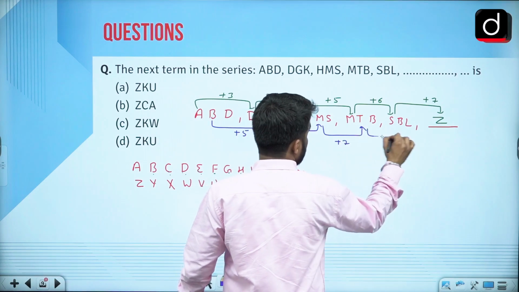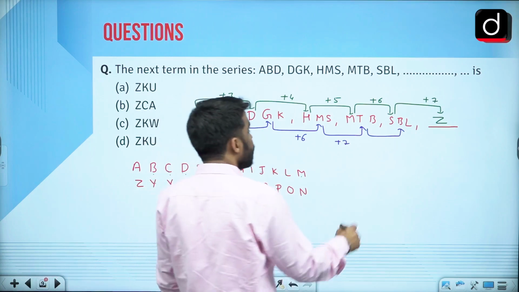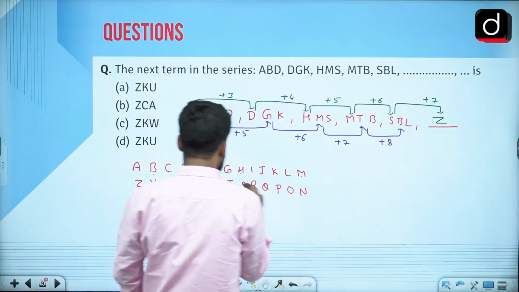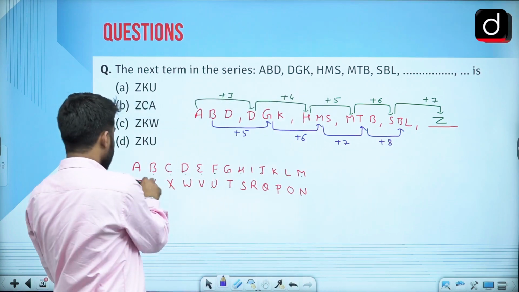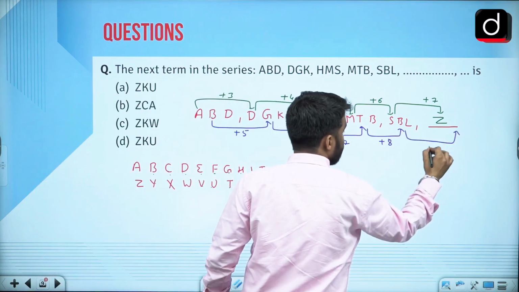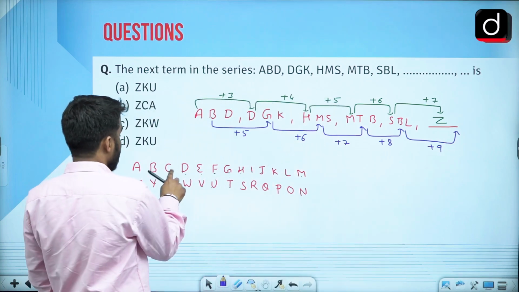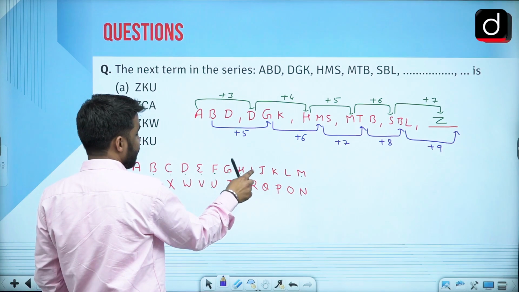Here also the gap is increasing by 1 every time. So from T to B, the gap should be plus 8. Let's check: 1, 2, 3, 4, 5, 6, 7, 8. It is plus 8. And from B at plus 9 gap, 1, 2, 3, 4, 5, 6, 7, 8, 9.